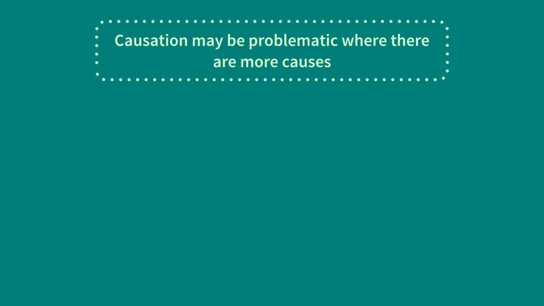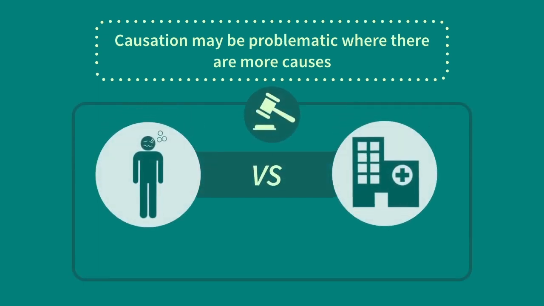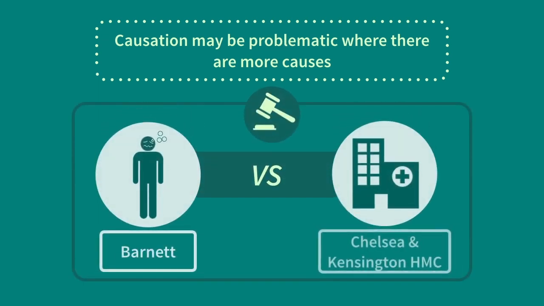Causation may be problematic where there exists more than one possible cause. Various formulations have evolved to ease the burden of proving causation in such situations. An example of a single cause can be seen in the case of Barnett v. Chelsea and Kensington HMC. Here, a doctor in a hospital casualty department sent a patient home without treating him, telling him to go and see his own doctor.